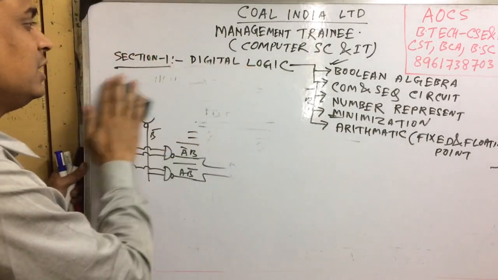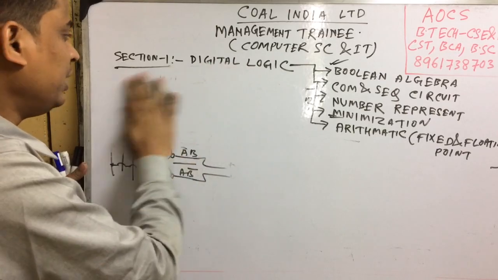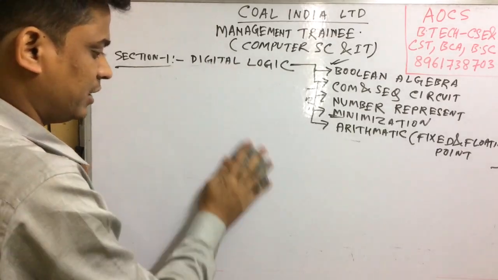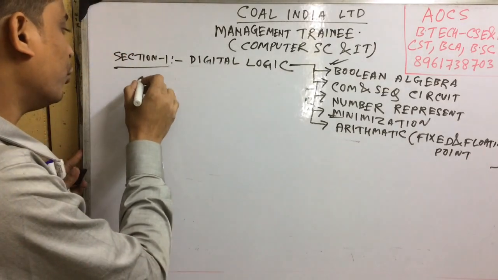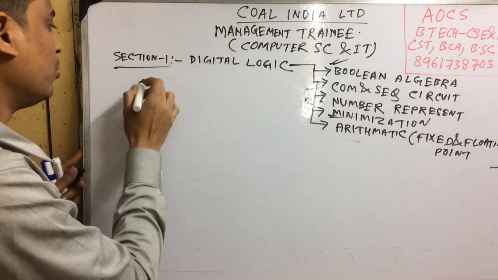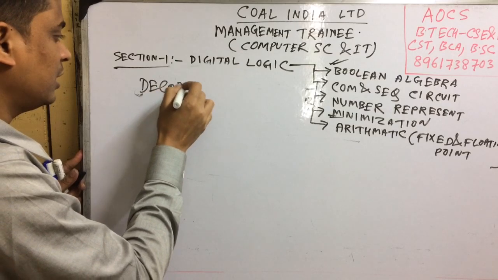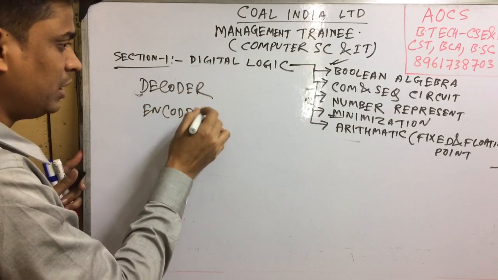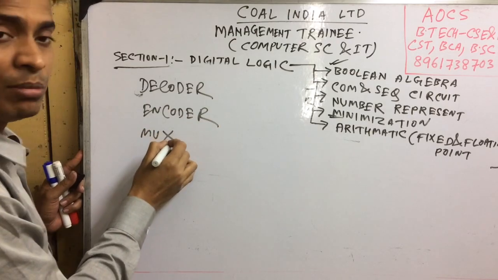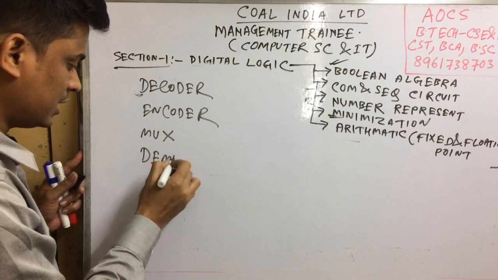And now I am discussing combinational and sequential circuits. In combinational circuits there are mainly 4 types. Number 1 decoder, number 2 encoder, number 3 multiplexer, this is called mux, and another is demux.